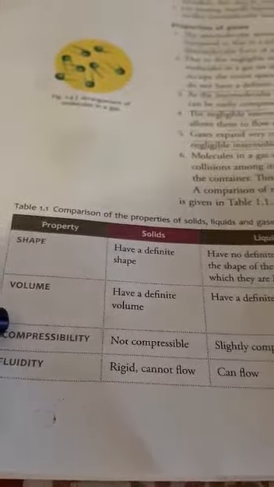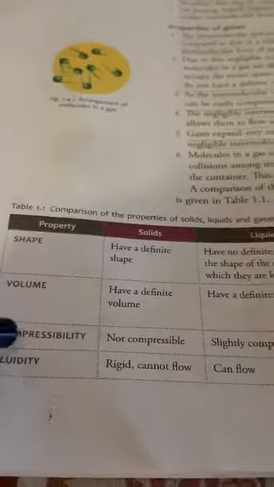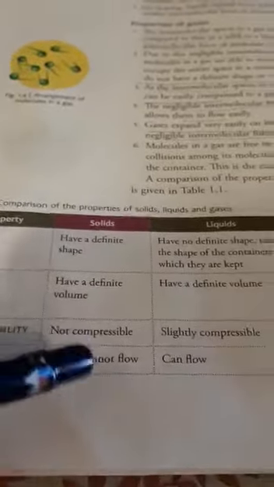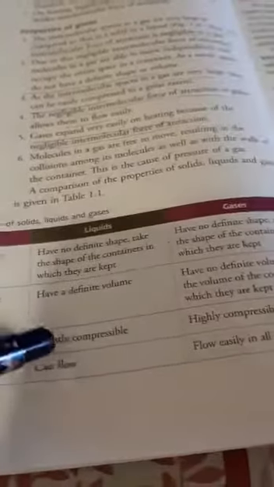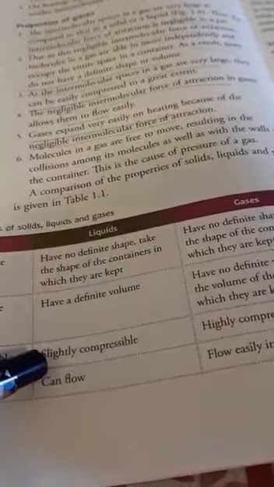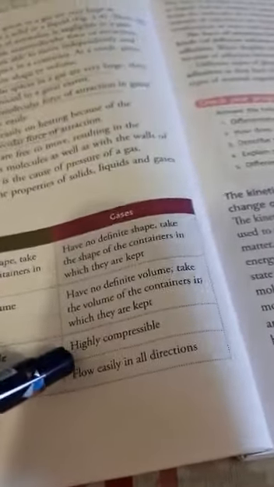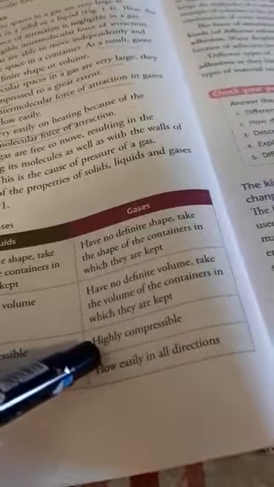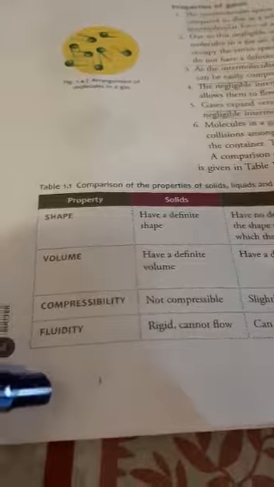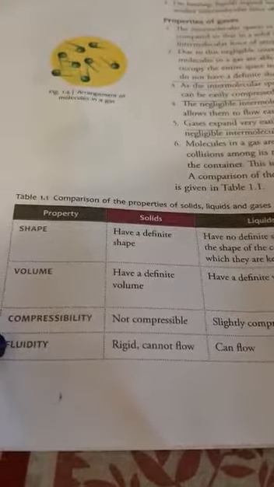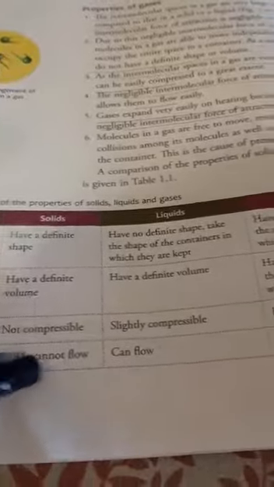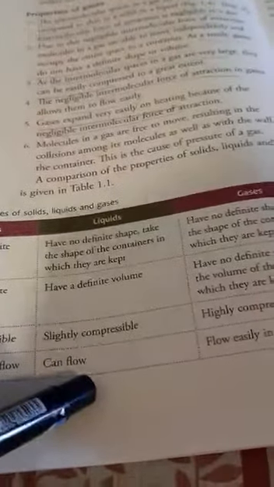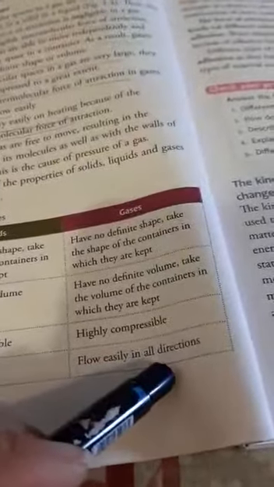On the basis of compressibility, solids cannot be compressed, liquids can be slightly compressed, and gases can be easily compressed. On the basis of fluidity, solids cannot flow as they are rigid, liquids can flow, and gases flow easily in all directions.